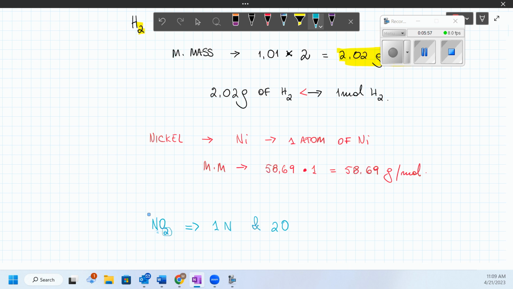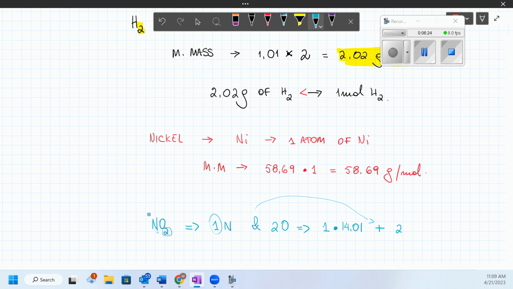Then to calculate the molar mass, we go to the periodic table. We find nitrogen. The atomic mass of nitrogen, for the one nitrogen that we have here, is 14.01 grams per mole, plus the and sign.